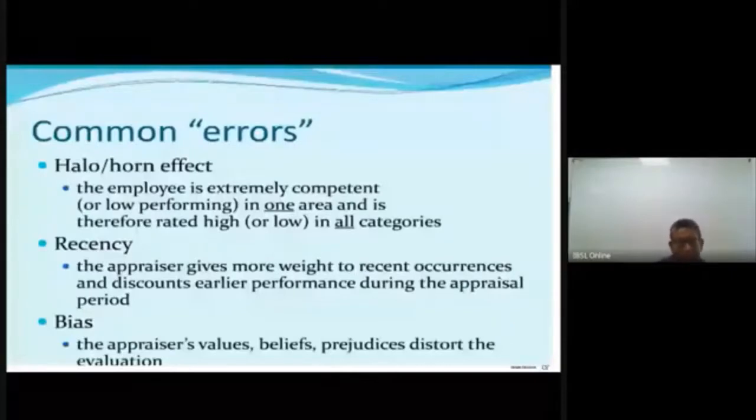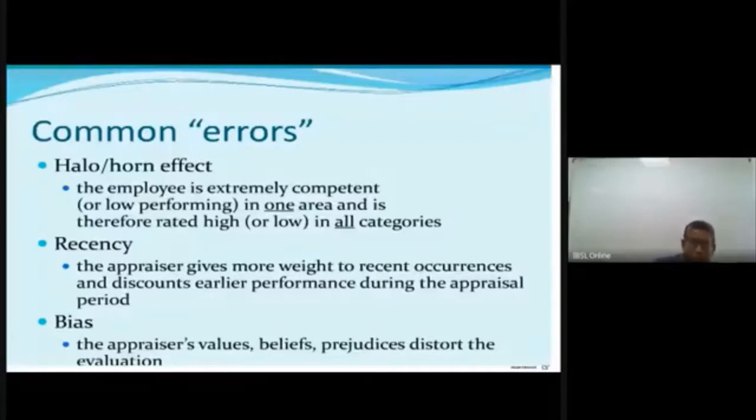I told you, there are some criteria given by the employer to evaluate you, certain areas. Now you are very good at certain areas. So what does your evaluator do?